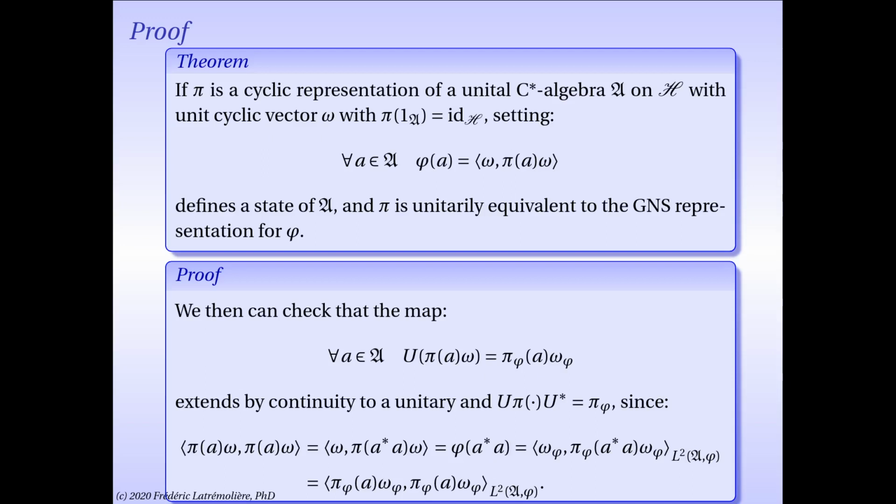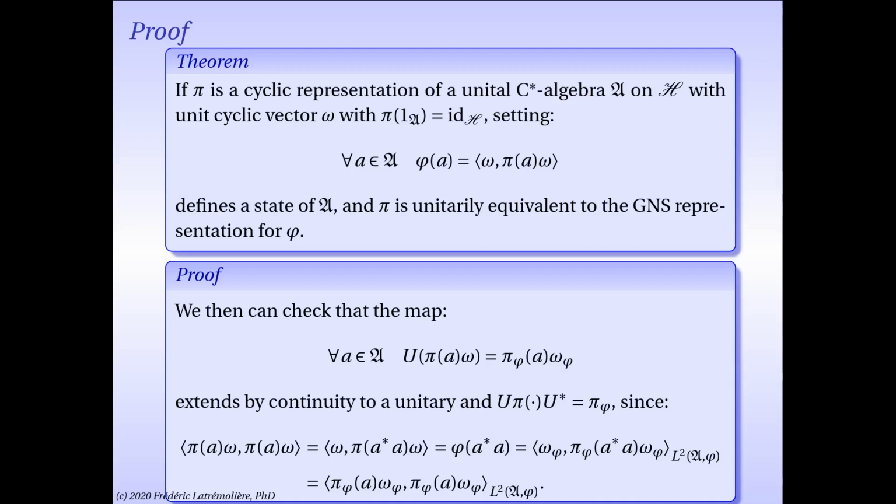And this is enough to define actually a unitary. The reason is because by assumption omega is cyclic, we know that we have defined U on a dense subspace of our Hilbert space. And it's very easy to check by a computation I do at the bottom of the slide here that the map thus defined on that dense subspace is actually isometric.